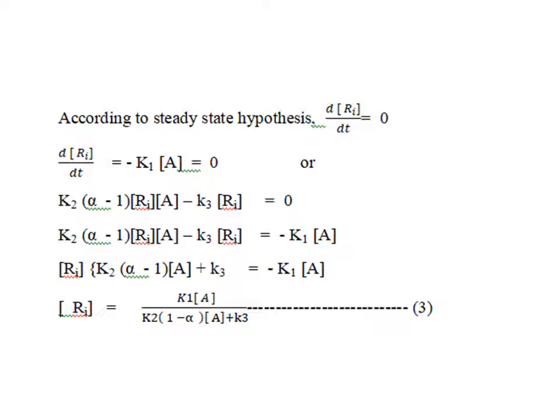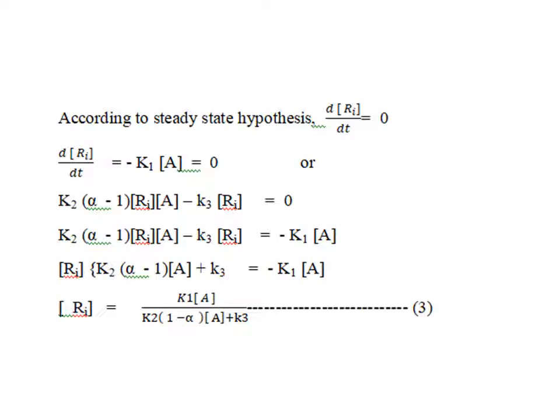Now again, according to the steady state hypothesis, dRi over dt is equal to 0. That is K2 into alpha minus 1 into Ri concentration into concentration of A minus K3 into concentration of Ri is equal to 0.